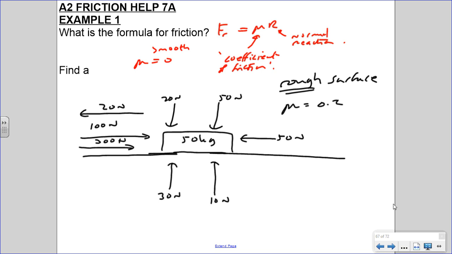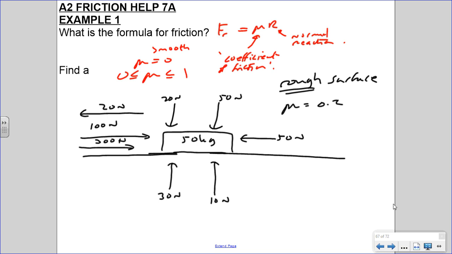That should be a warning sign. Generally mu is going to be between 0 and 1. If you get it really close to 1, or 1 itself, that's so unusual, and that should make you think, maybe I've made a mistake here, because normally mu would be quite a bit lower than that.